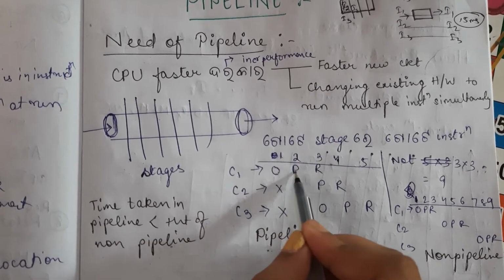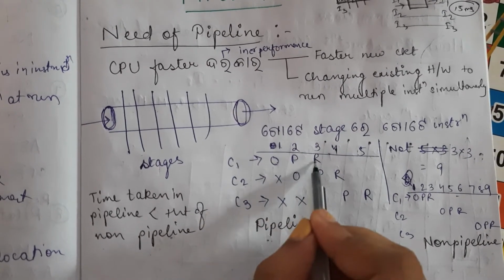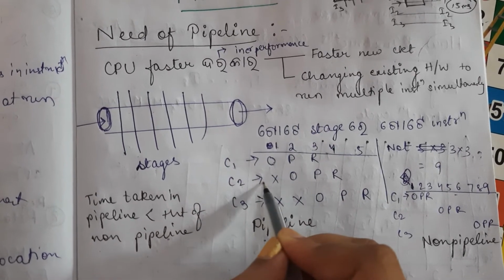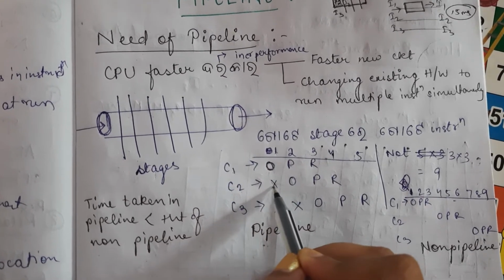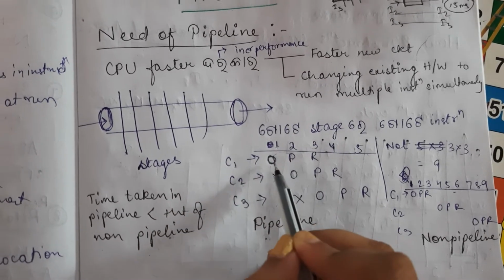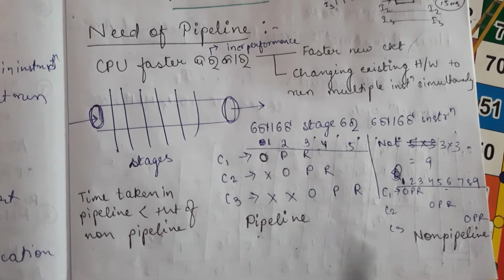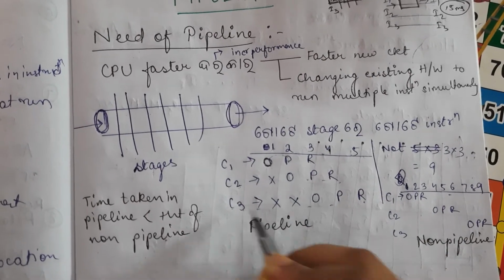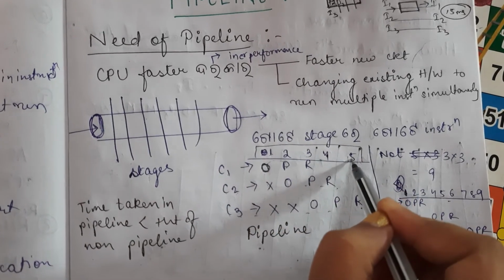Then in the second clock pulse it will be in stage P, and then in the third clock pulse it will be in stage R. Similarly, when C2 arrives, the O stage is busy because C1 is there, so nothing will happen. But when C1 jumps to stage P, the O stage is free. Therefore, at the second clock pulse, C2 will use the O stage, and similarly C3 will finish at 5. So this total happens in 5 milliseconds.